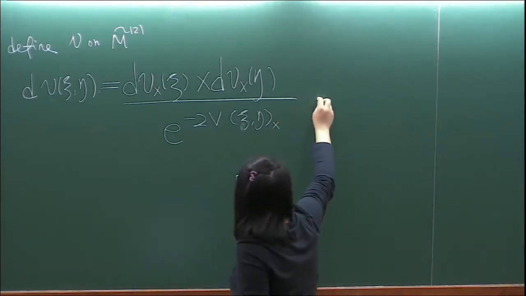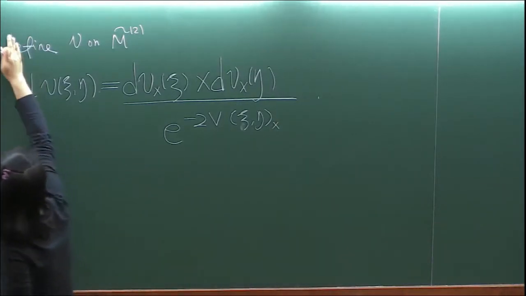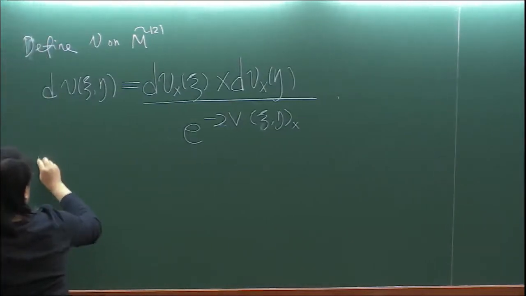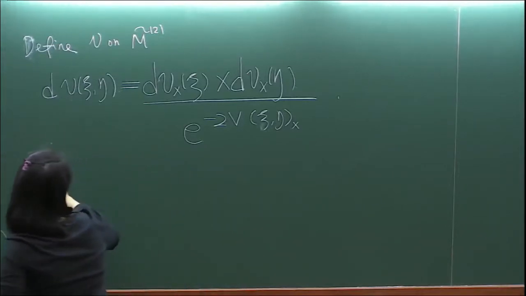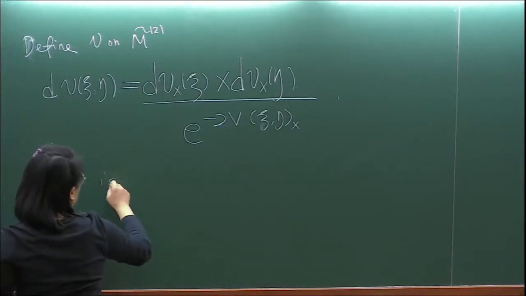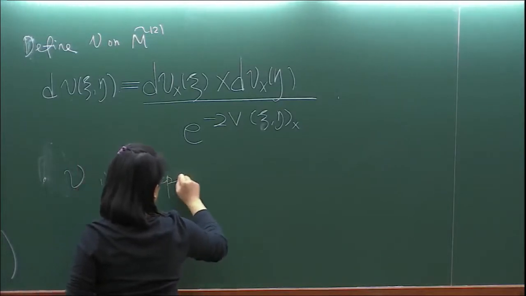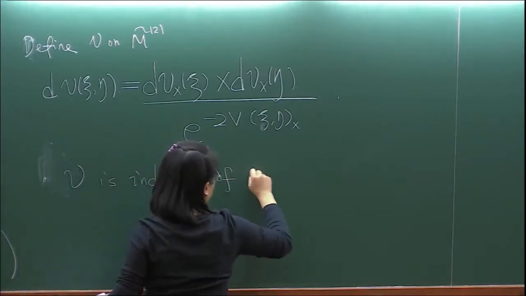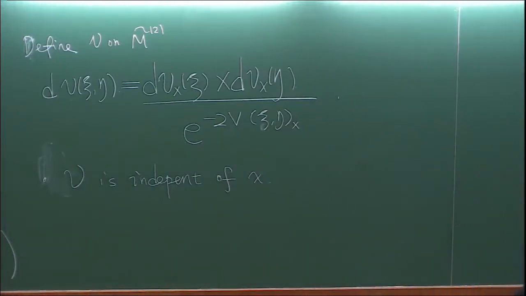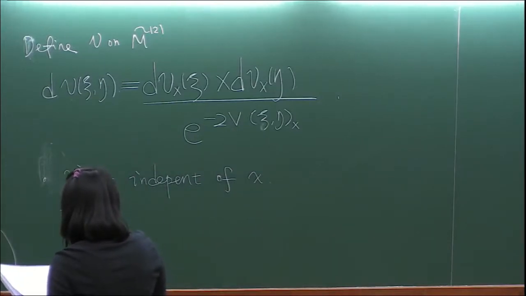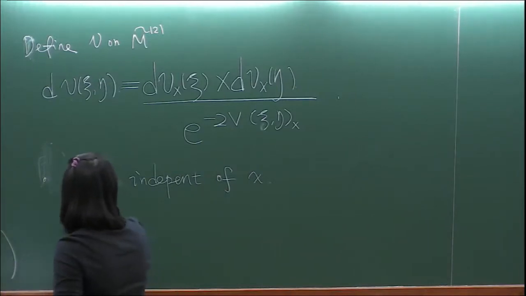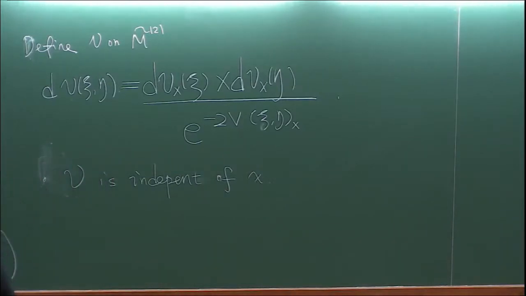So we define this measure in this way. Now we need to show this nu is independent of x. Right? So this is one thing we want to do, and this is just computation using the second formula.